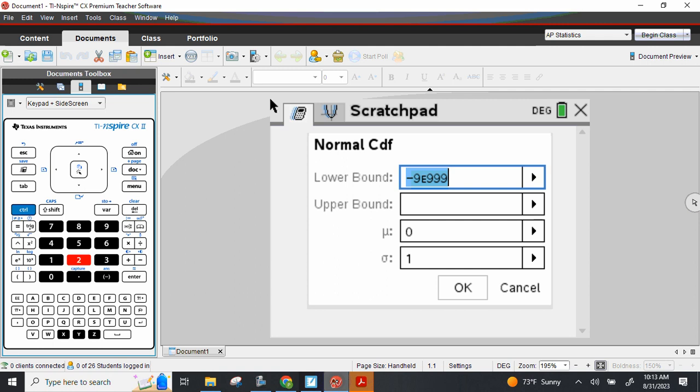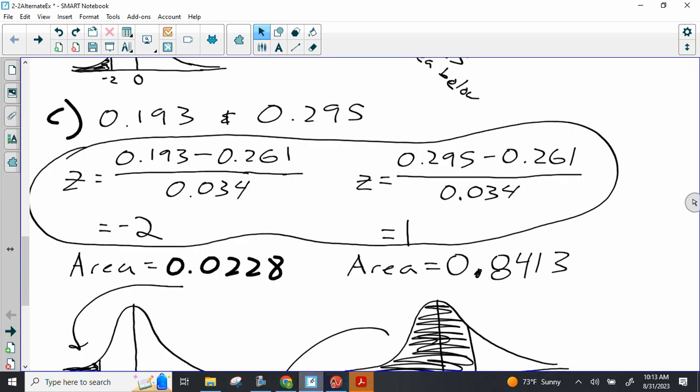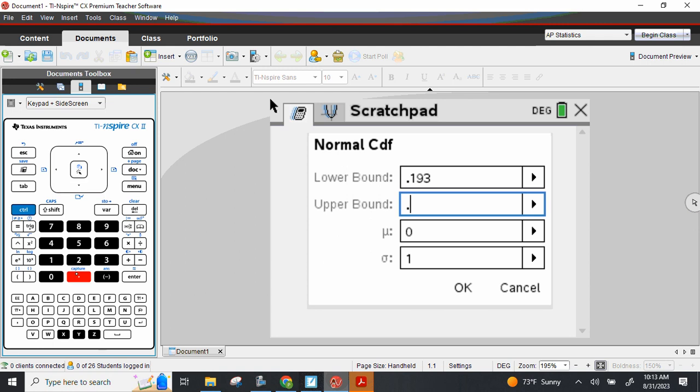Our upper bound is the other value we're trying to find, 0.295. This was 0.261, thank you, yes. And this was 0.034, right?